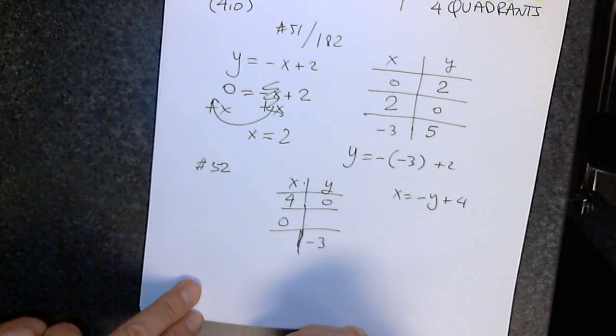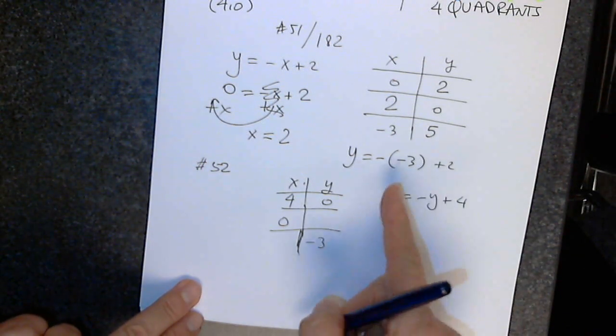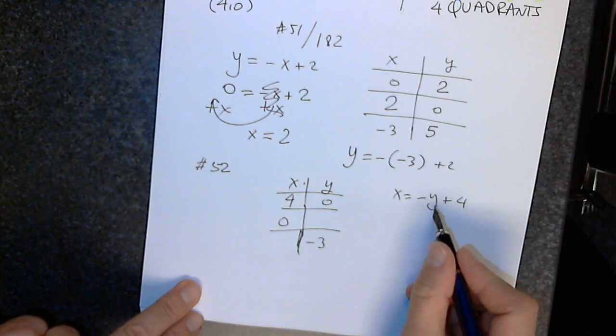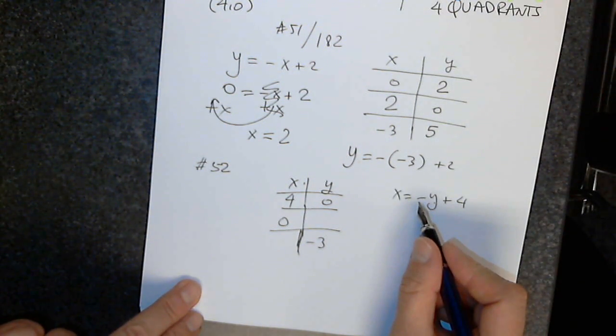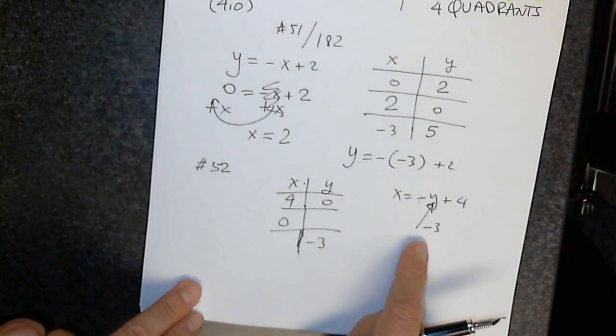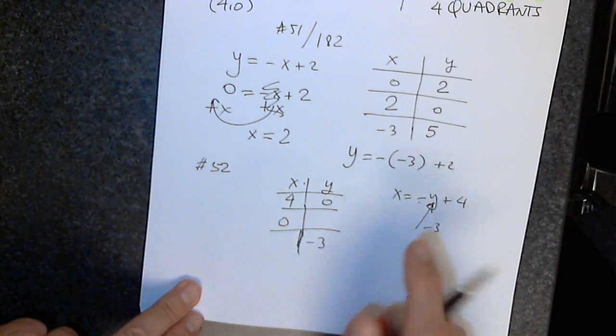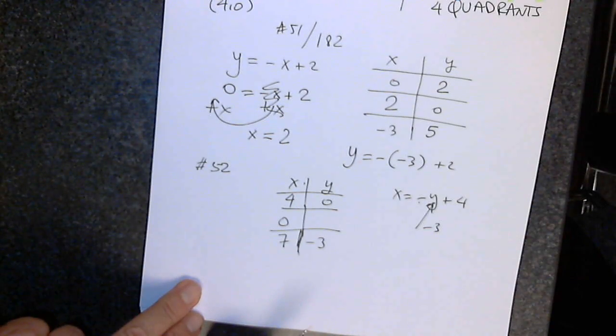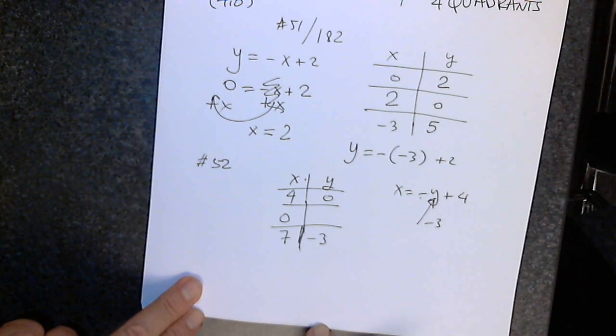How much? 7, right? So when I plug -3 in here with minus in front, it is +3. If this is -3, the opposite of -3 is 3. 3 plus 4 is 7. Can you go around again real quick?